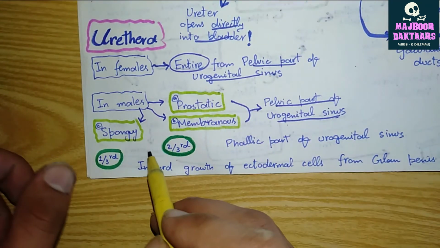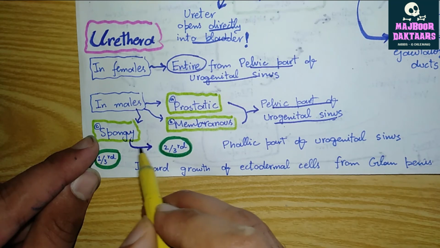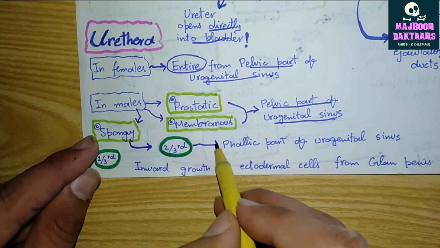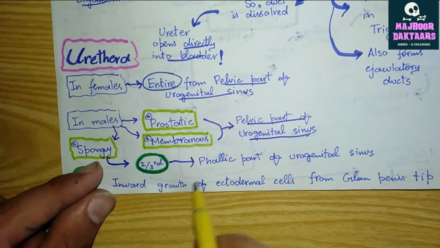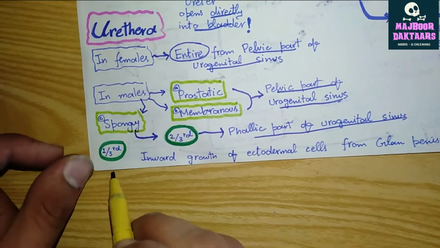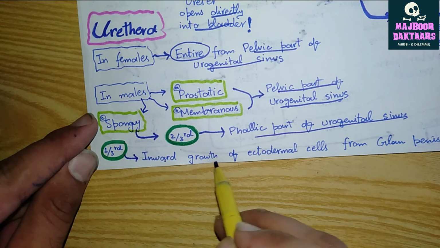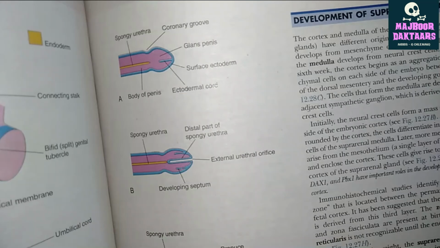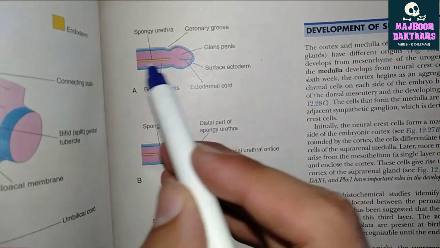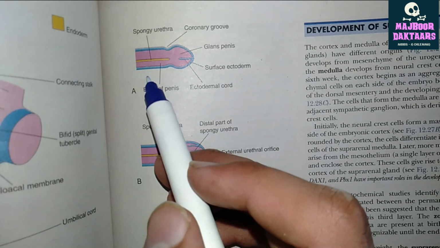While talking about the spongy part, the proximal 2/3 of the spongy part is formed from the phallic part, that is the third part of the urogenital sinus, while the distal 1/3 is formed from the inward growth of ectodermal cells from the glans penis tip. So here is the spongy urethra, which is formed from the phallic part of the urogenital sinus.